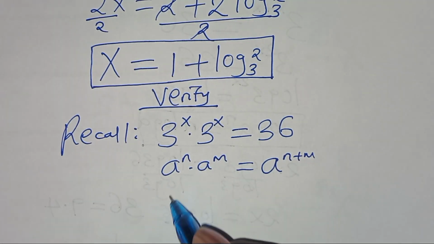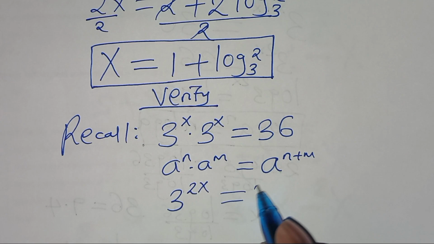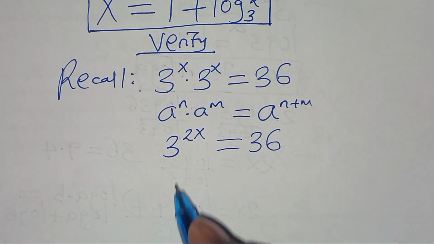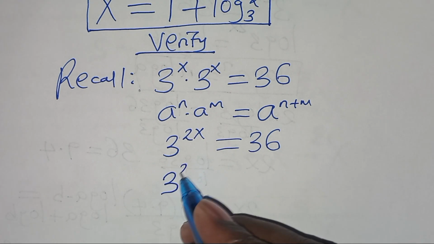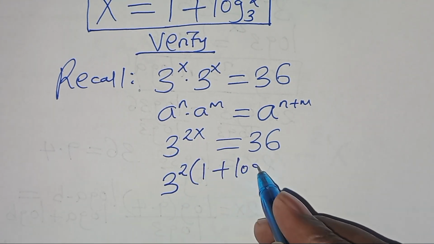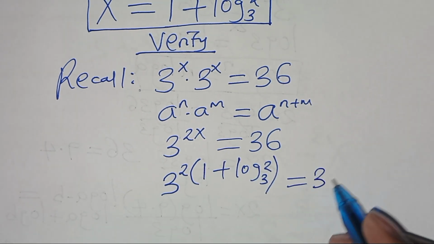And therefore here we have 3 to power x plus x, which is 2x. This should give us a value of 36. Now substituting the value of x here, this is the same thing as 3 to power 2 into the parentheses 1 plus log 2 to base 3. This should give us a value of 36.